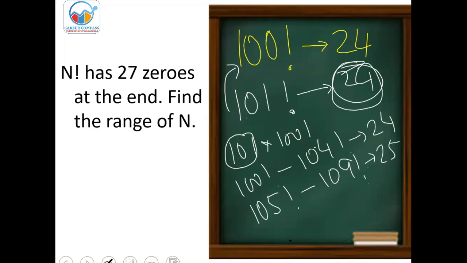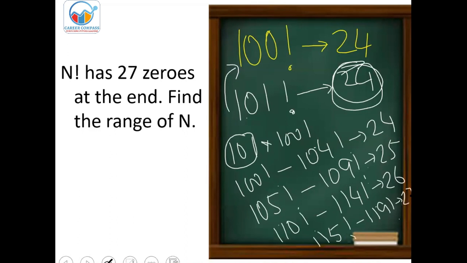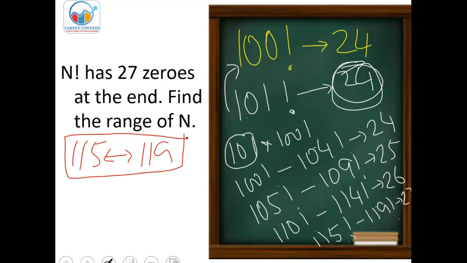And then from 110 factorial up to 114 factorial, one more zero will add. Then from 115 factorial up to 119 factorial, I'll have 27 zeros. So the range of n, that is the answer to my question, will be 115 to 119. Remember, they are talking about range, which means you have to specify the minimum and the maximum of the numbers. So the minimum possibility is 115 and the maximum possibility is 119.